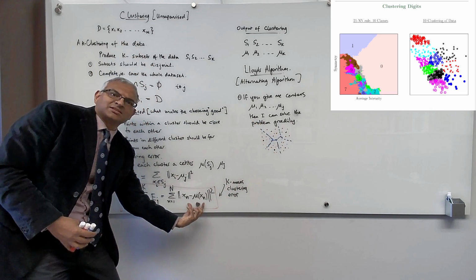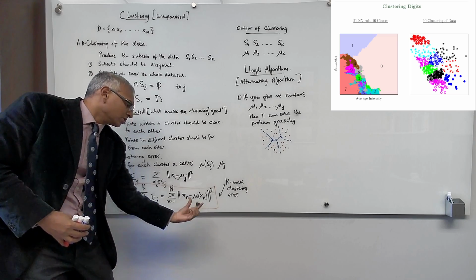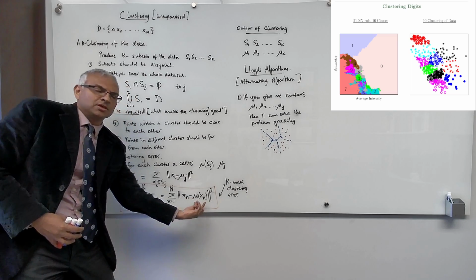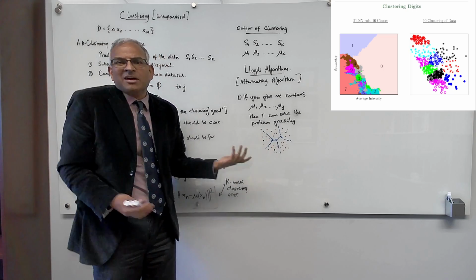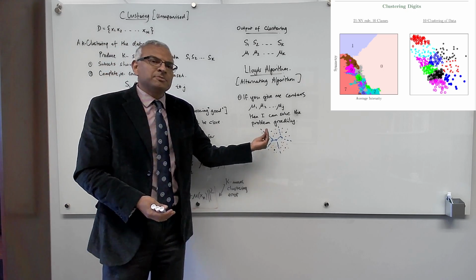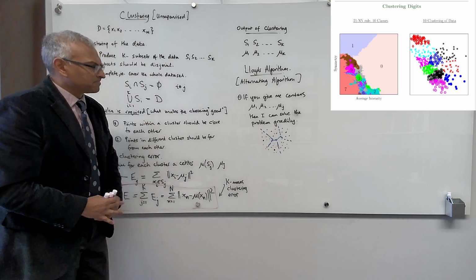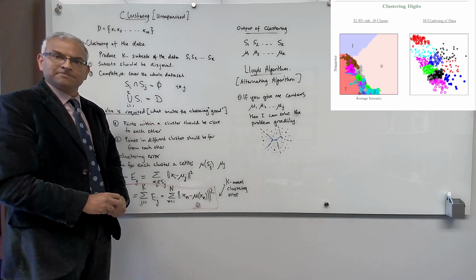So it's going to minimize the distance from the data point to its corresponding center. Each data point can be minimized greedily, and if you can do that greedily for each data point, that's optimal. Very easy.